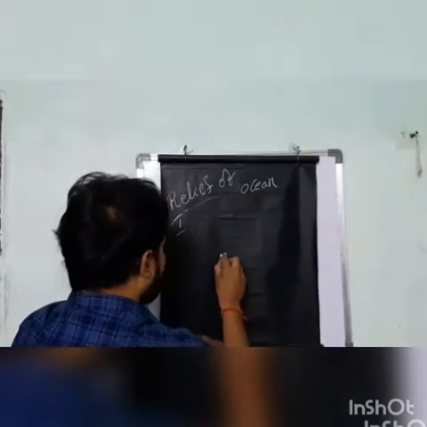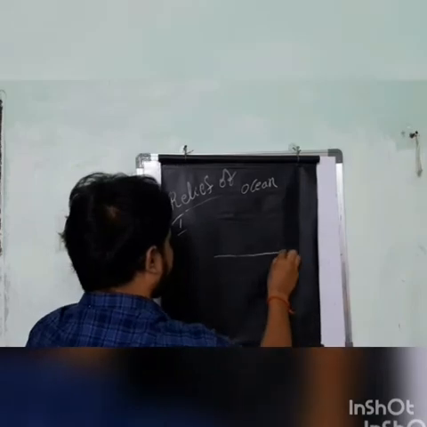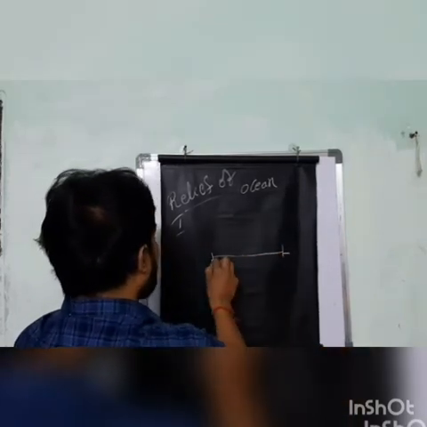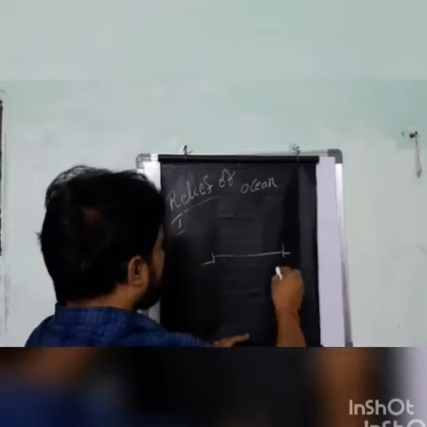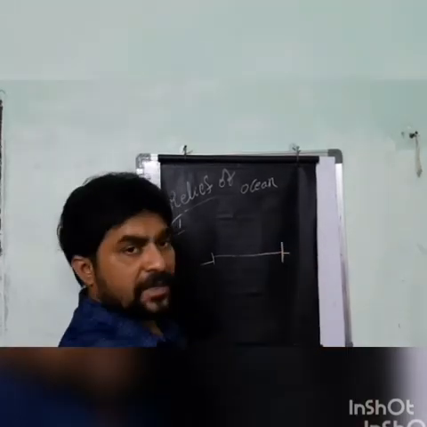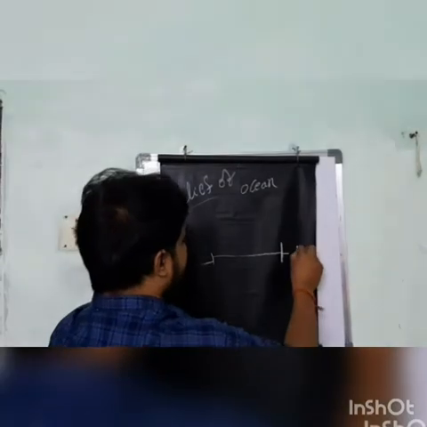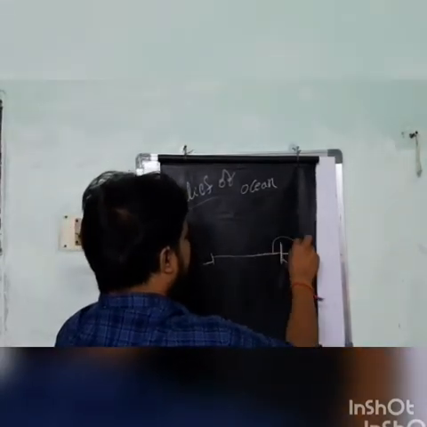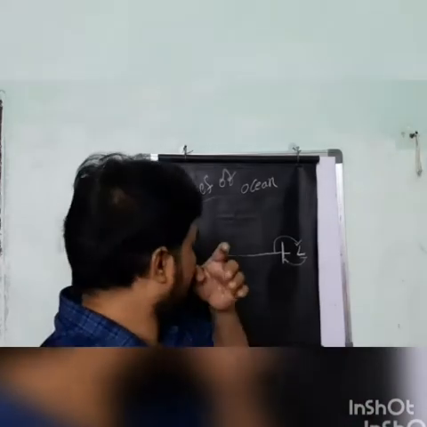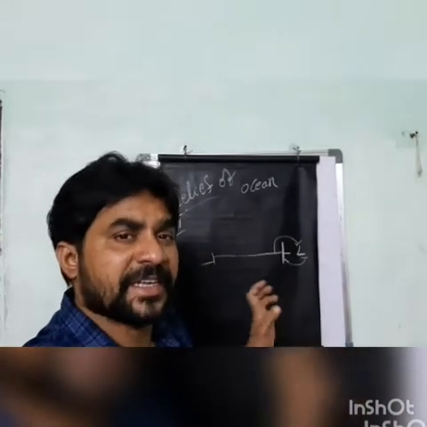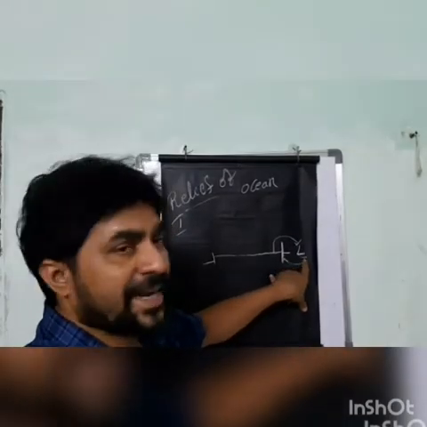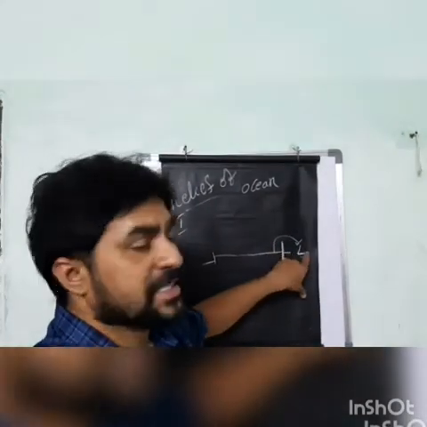Take an example: in an ocean, maybe here is one land and here another land. The continental shelf is an area which connects the land to the sea and the sea to the land.